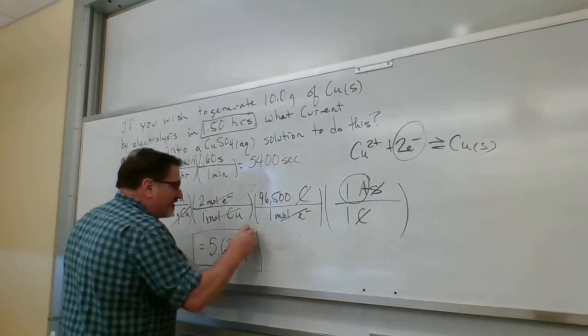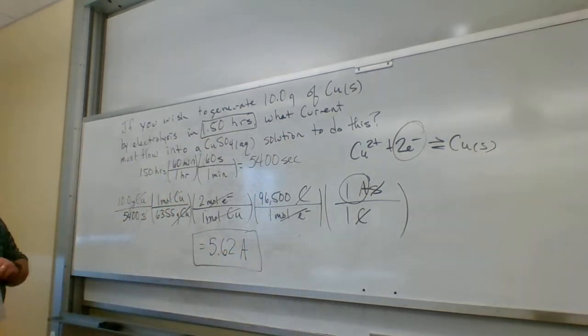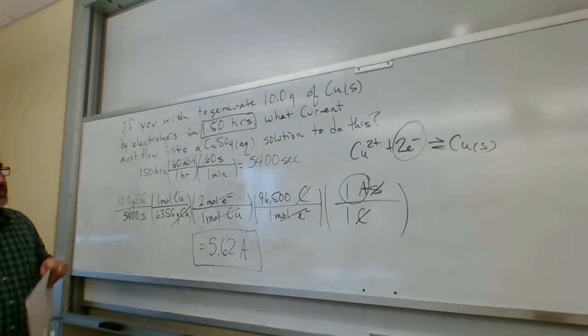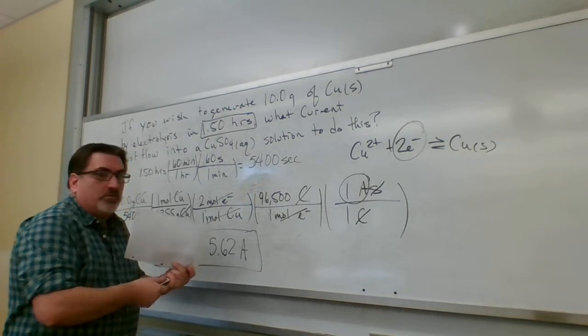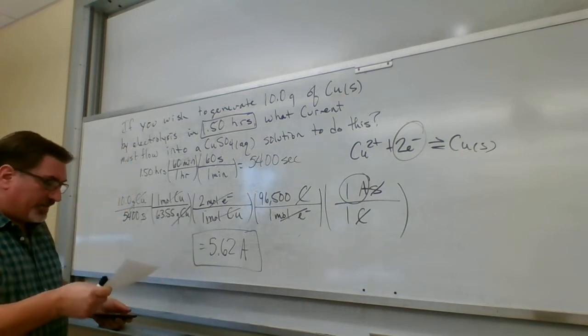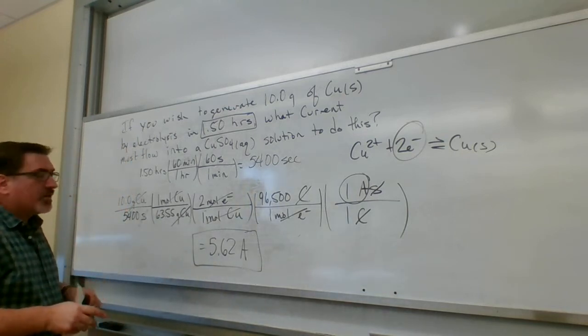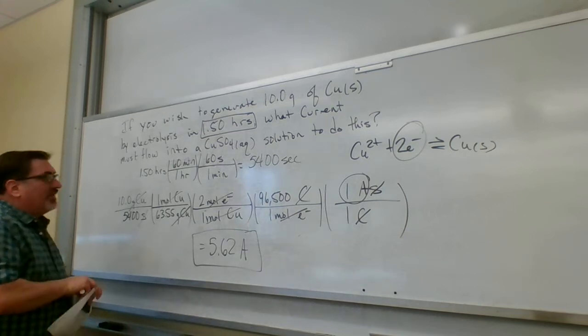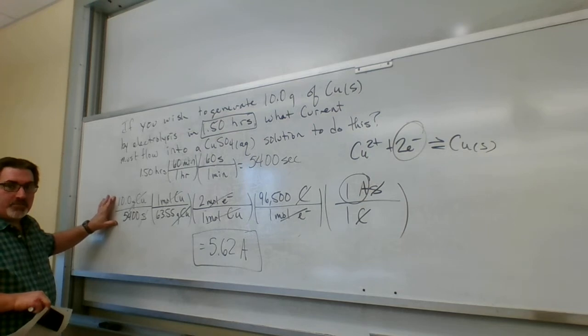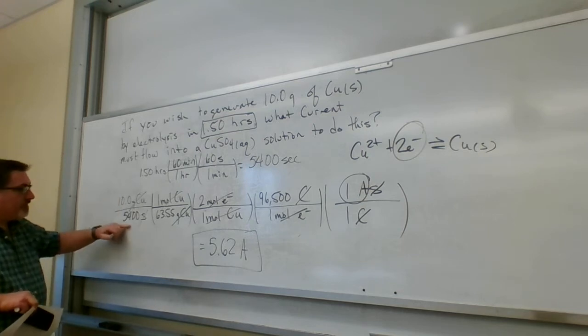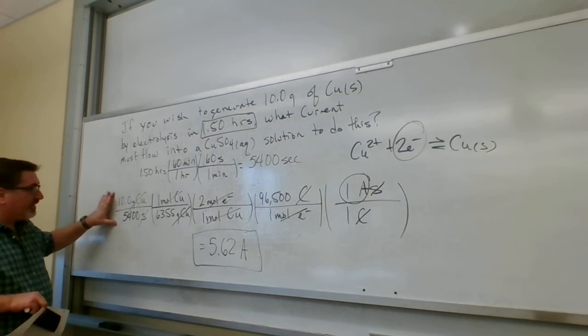So you'll have to pass 5.62 amps for an hour and a half to generate 10 grams of copper at the cathode for that process. So we're walking through each step that we did. I got the seconds by themselves because they were going to need to be in the denominator. 5,400 seconds for 10 grams of copper. Start out with a conversion factor there.